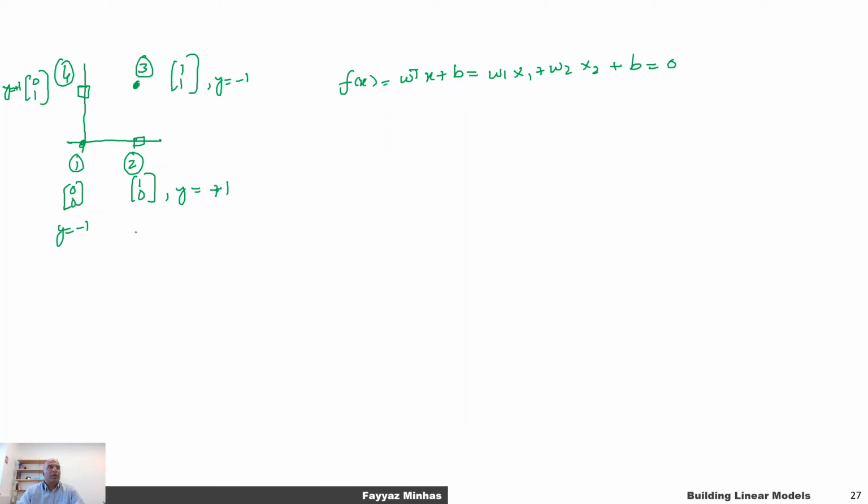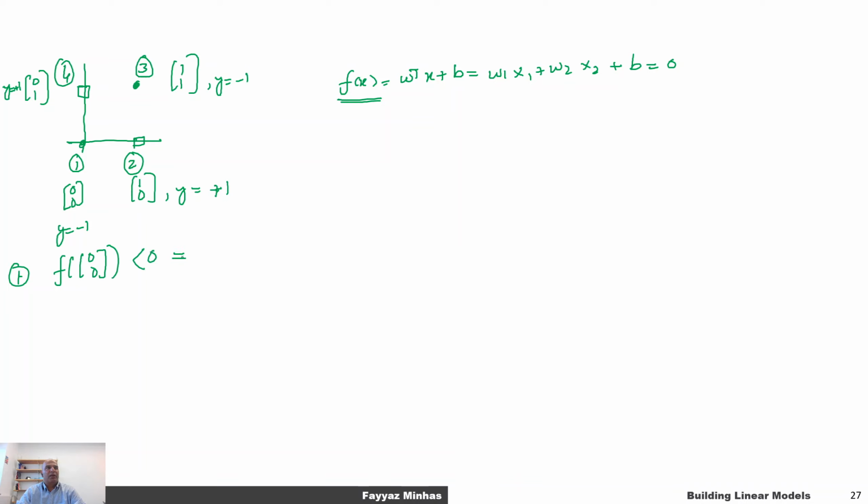Now, if we are to use this particular form to classify these examples, then for point one, which has a training label of -1, we want that point to be below the line. So we want f of (0, 0) to be less than 0.